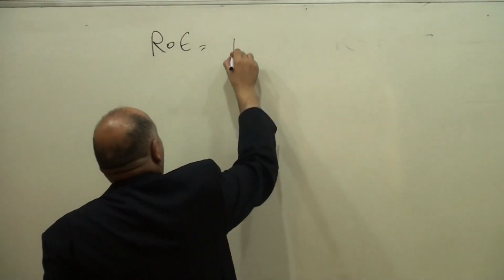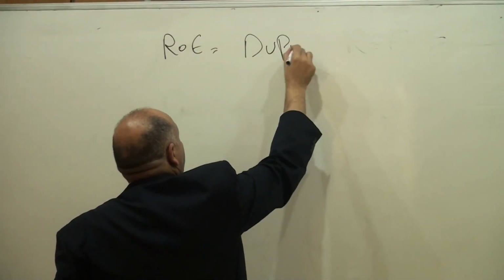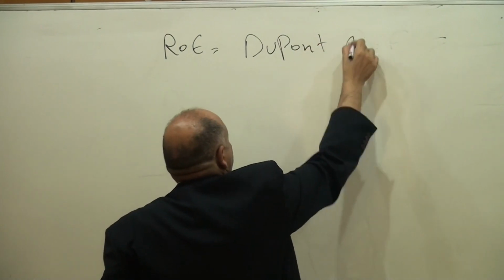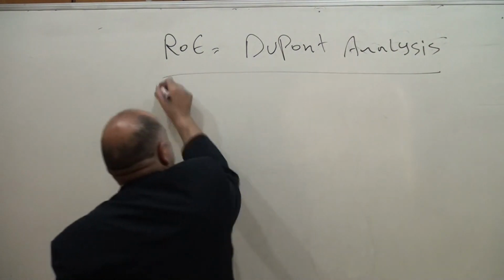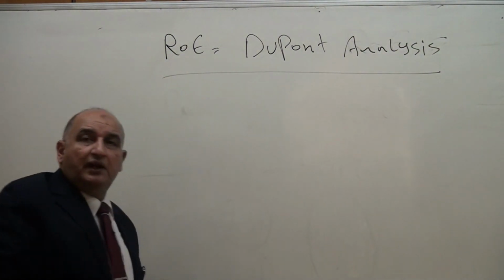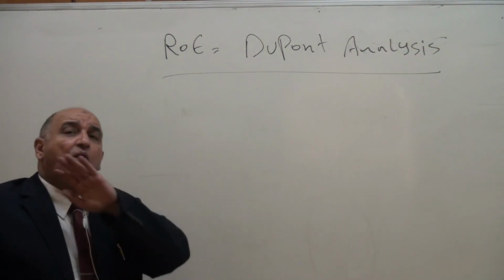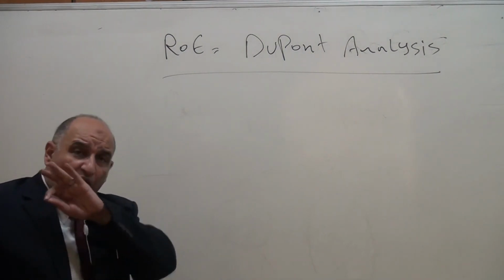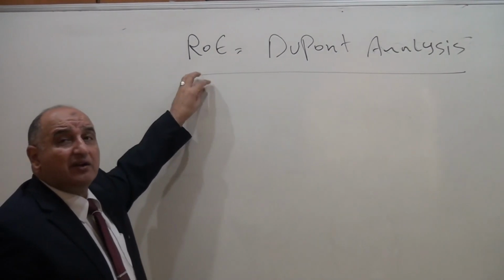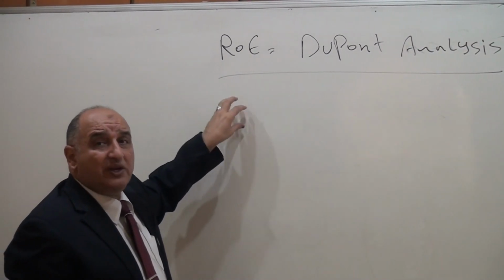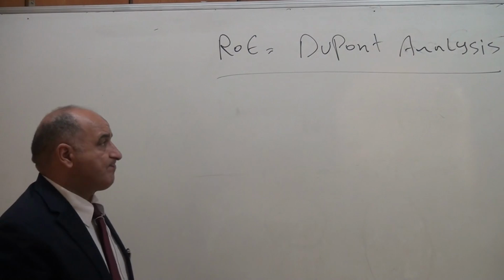Using something we call Dividend analysis. What is Dividend analysis? It is only for analyzing where we get the ROE from.